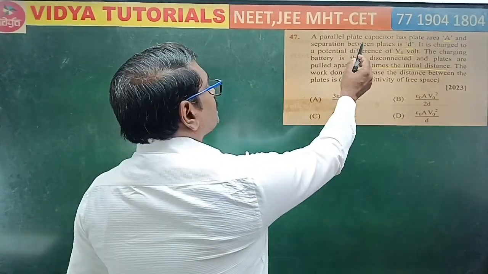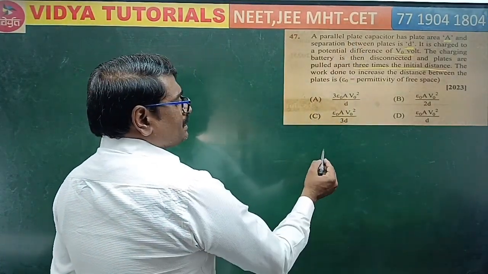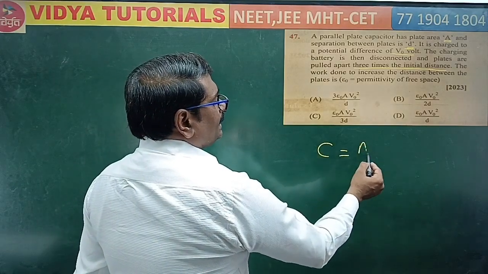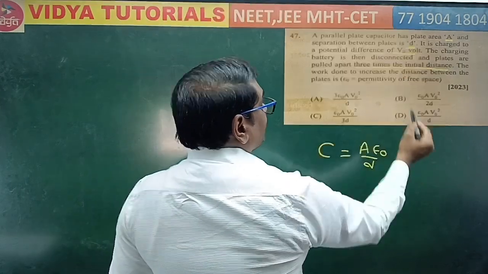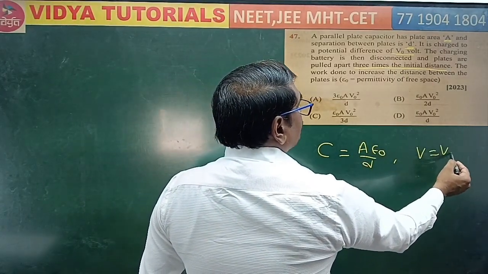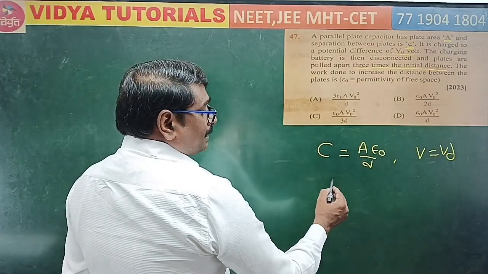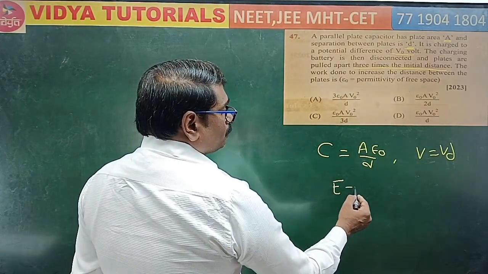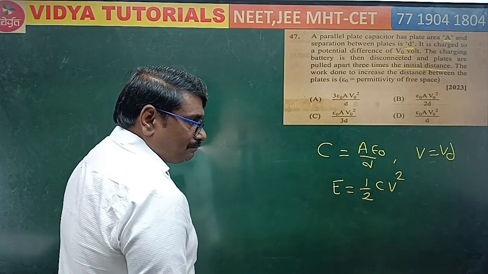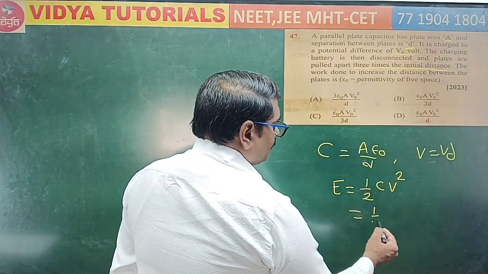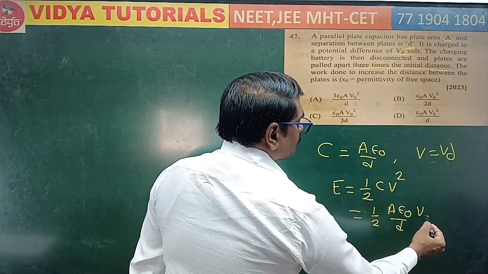What are we given first? Parallel plate capacitor, and we know that the parallel plate capacitor has the formula C equals A epsilon naught upon d. And V naught is the potential difference, and hence the original work done or energy is equal to half CV square, means half A epsilon naught upon d, V square as V naught square.